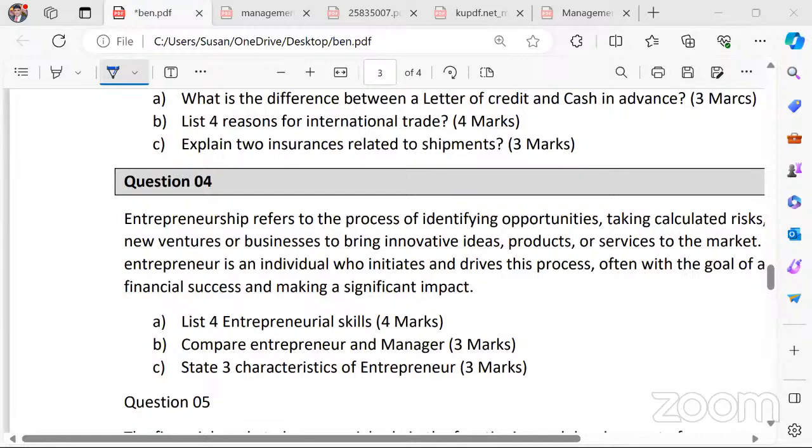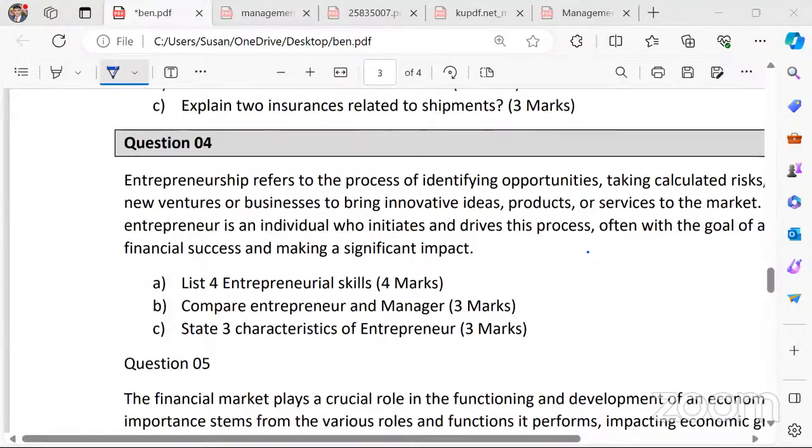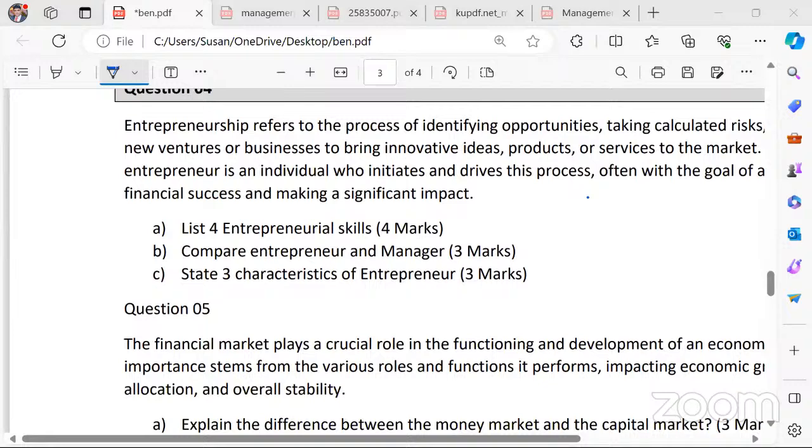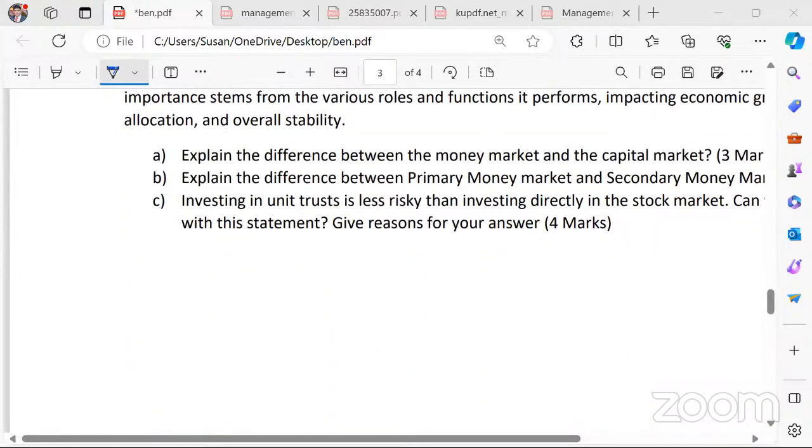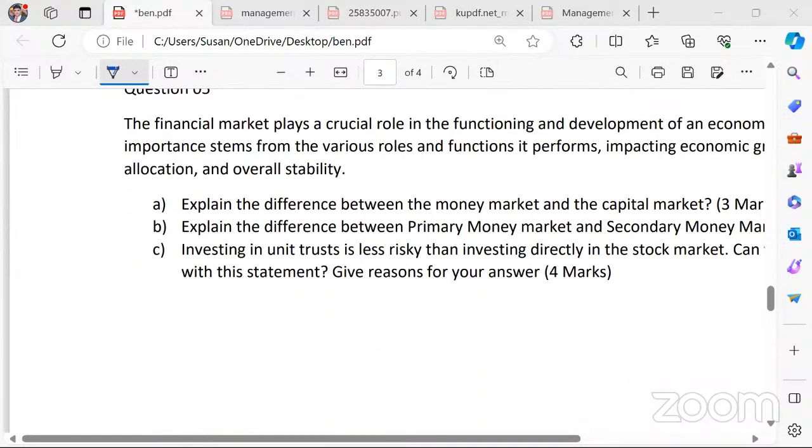You have to list down 3 characteristics, right? Yes, correction, number 5.